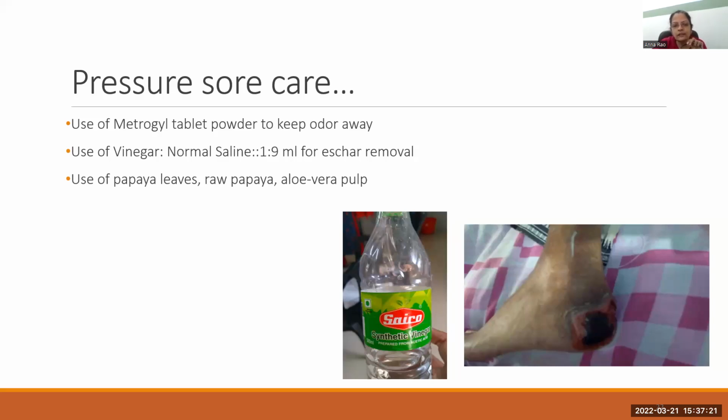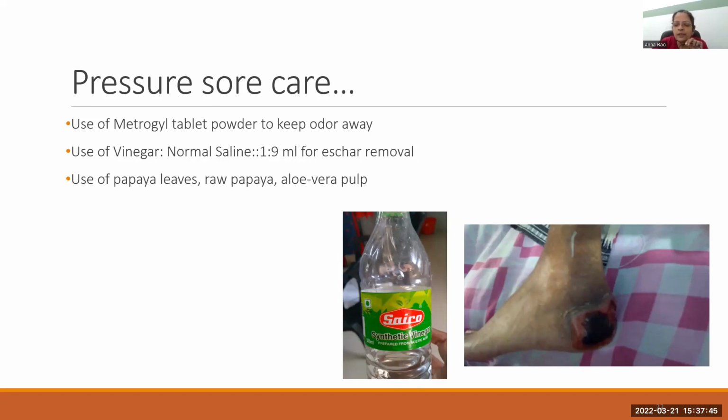How much strength should be used? It is 1 ml of vinegar and 9 ml of normal saline, and then you dip the gauze piece into the solution and keep it over the eschar. Okay? So slowly it will get removed.